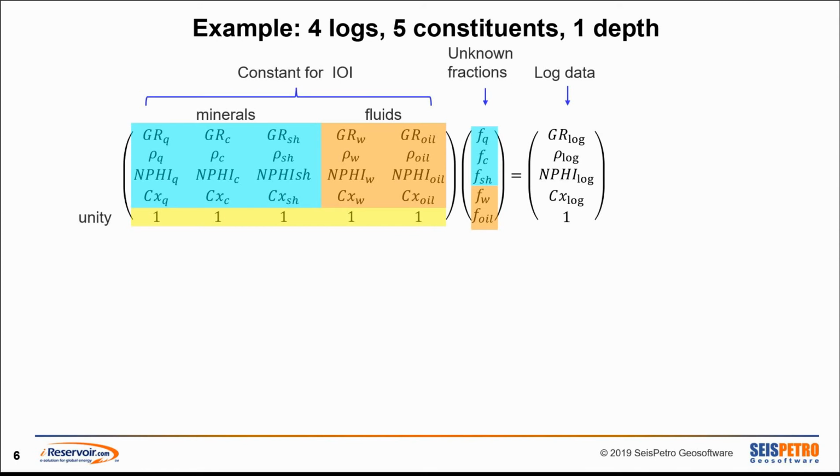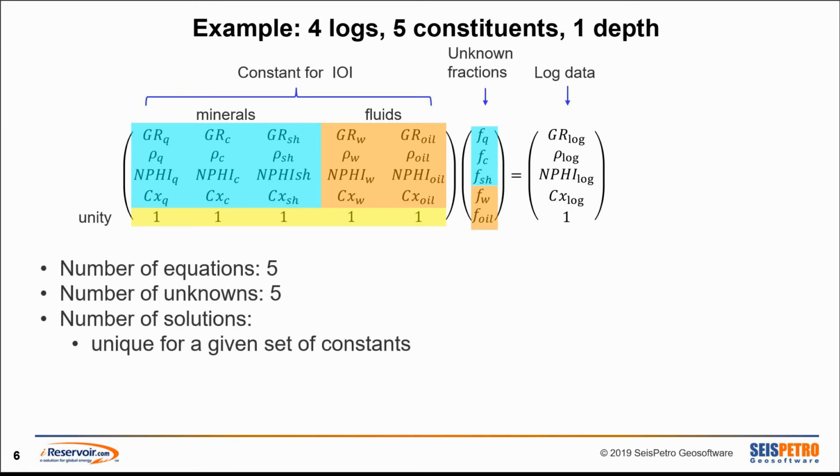We can separate the components of the matrix even more into the mineral part and the fluid part. And also we use what is called the unity constraint that assumes that the sum of the different fractions present in the rock is equal to 1. So in this case, we have 5 equations, 5 unknowns, and then a unique solution for a given set of constants.